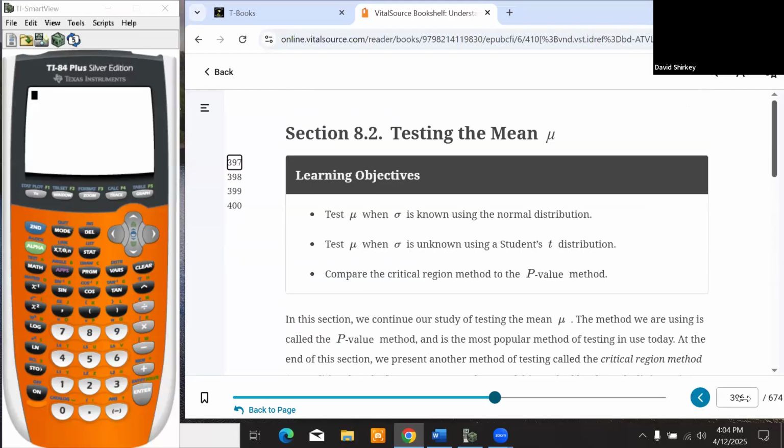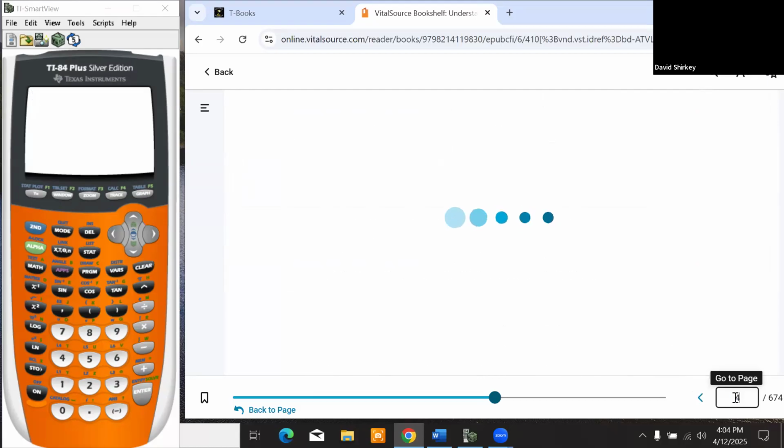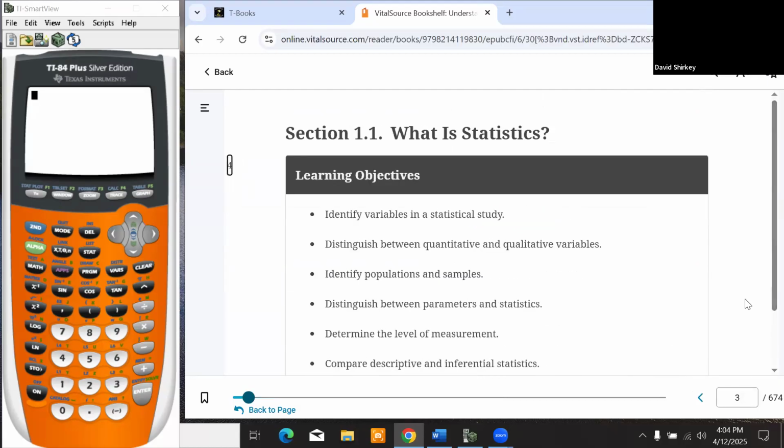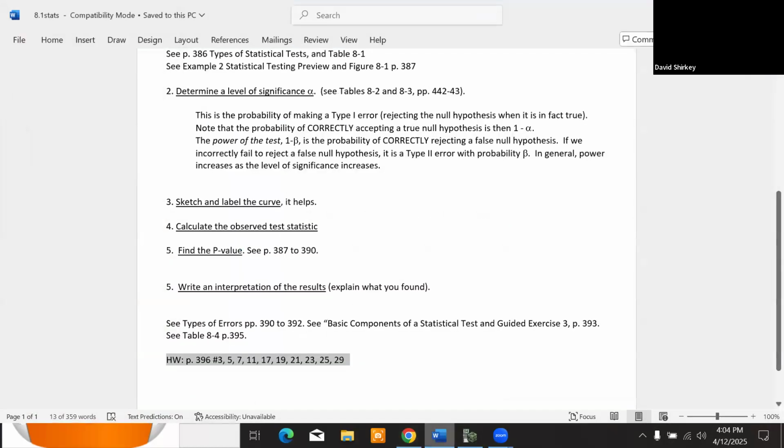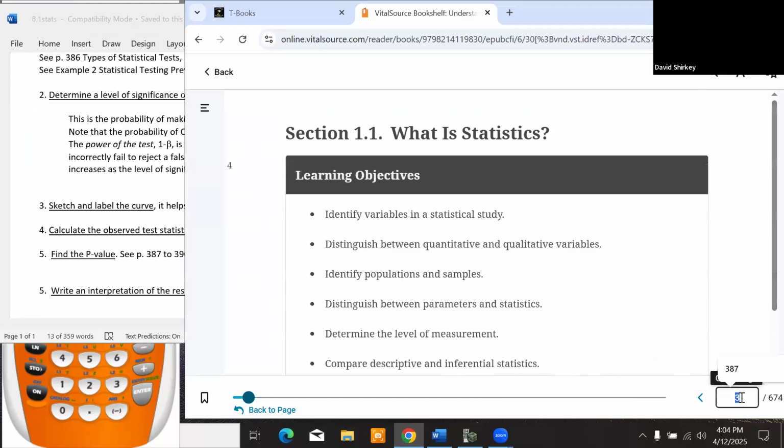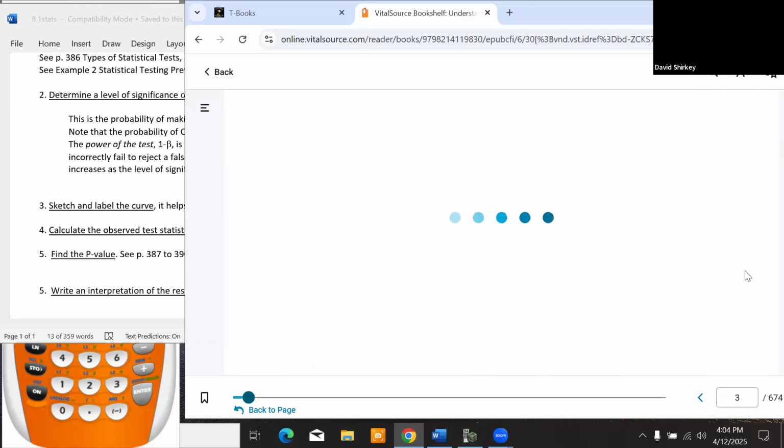Nope. No. Okay, hold on a second. Having a little trouble here. Page 396. That's what I want. 396. Enter.